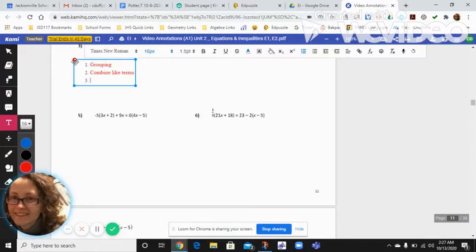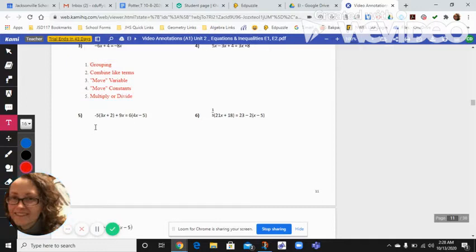I want to move my variables using opposite operations. I want to move my constants using opposite operations. And the last thing I'm going to do is either multiply or divide to get the variable by itself. So let's look at what we need to do for this particular equation.